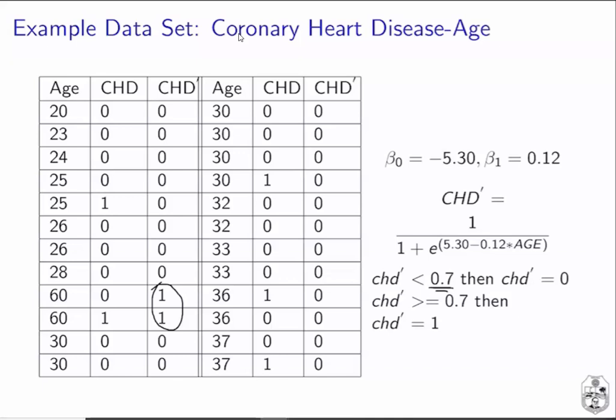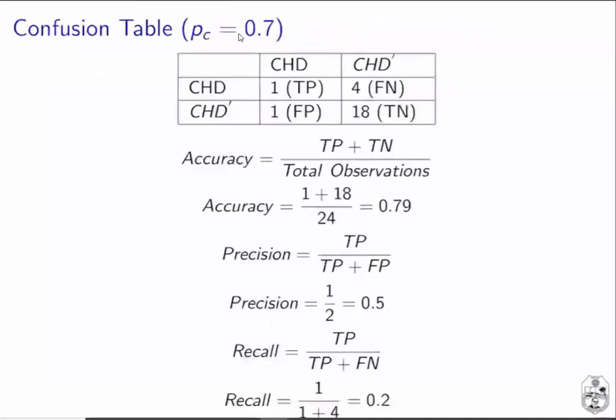With this new critical value, Pc equal to 0.7, we will get a new confusion table. Now we got true positive 1, false negatives 4, false positives 1, and true negatives 18. With this the accuracy is slightly increased to 0.79, precision is again 0.5, and recall is reduced to 0.2.